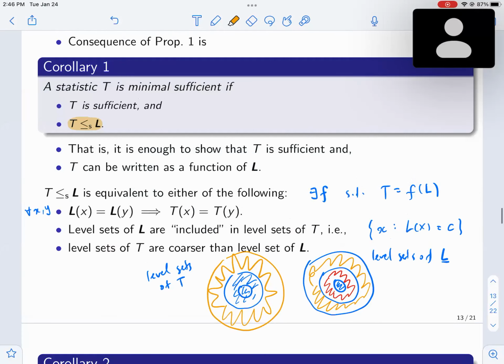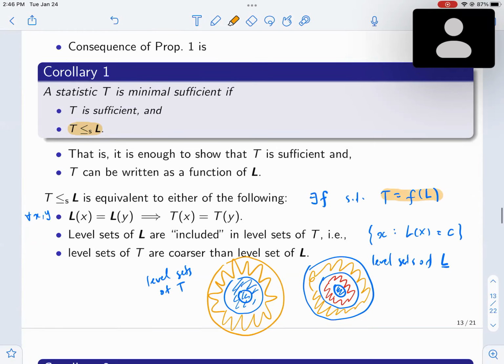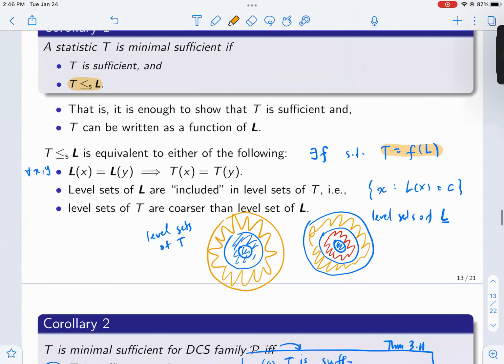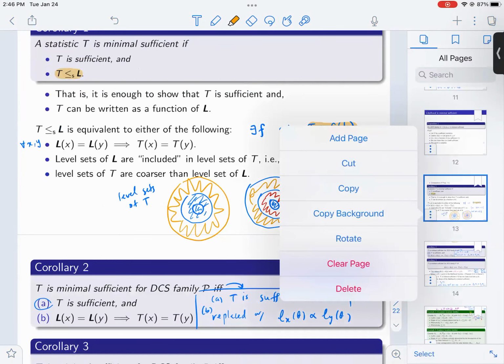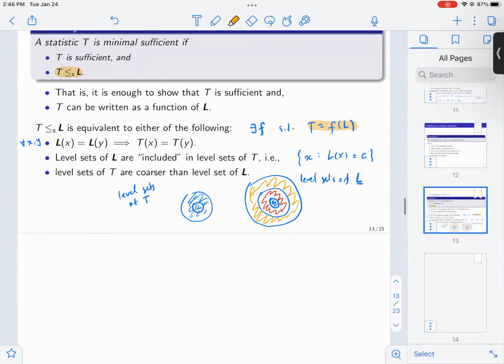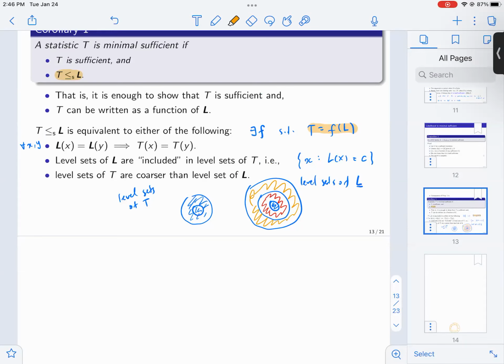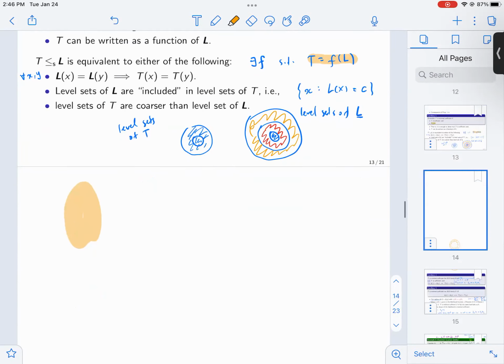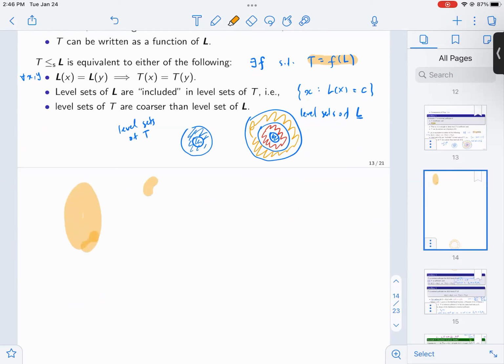So we want to show that T is a function of L, something like that. Is it showing up? Yeah. Okay, so what we can do is, suppose this is my input domain, and then I have another domain here, and another one here.